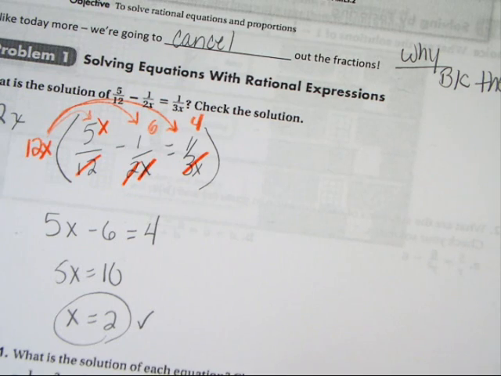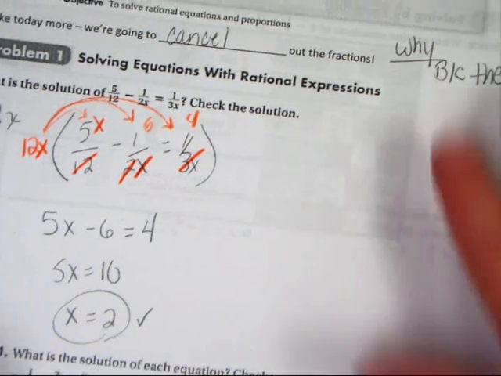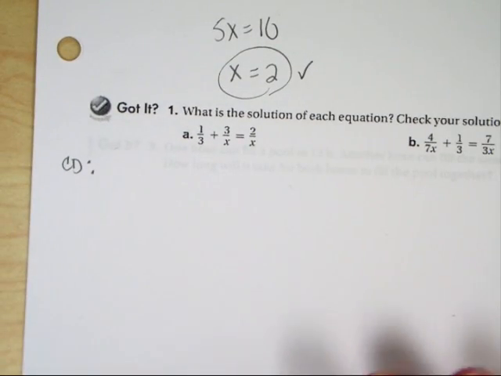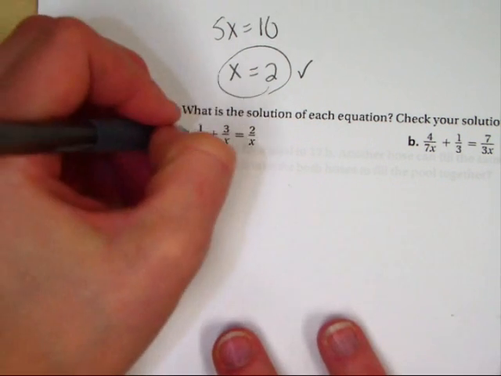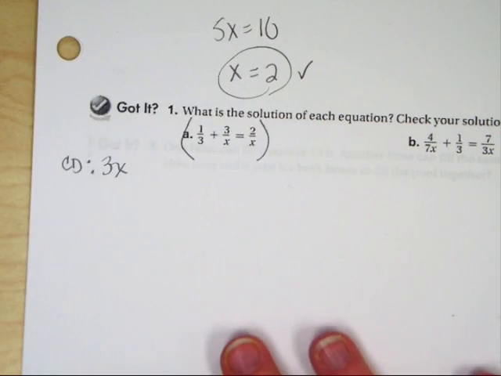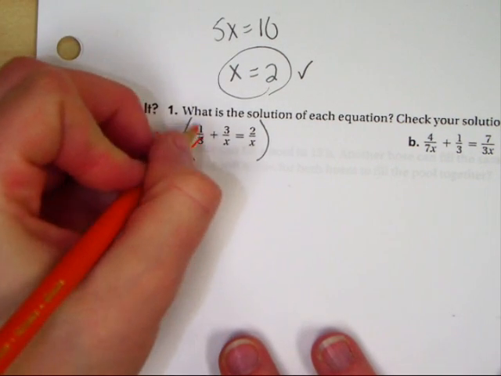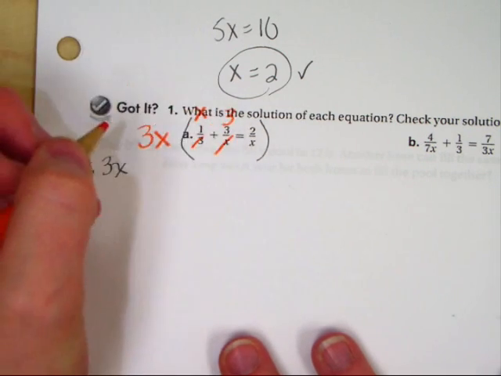Moving on. Get your common denominator in part A. Your common denominator in part A would be a coefficient of 3 and a variable of x. So I'm going to distribute a 3x in. This 3 would cancel and I would need an x. This x would cancel and I would need a 3.